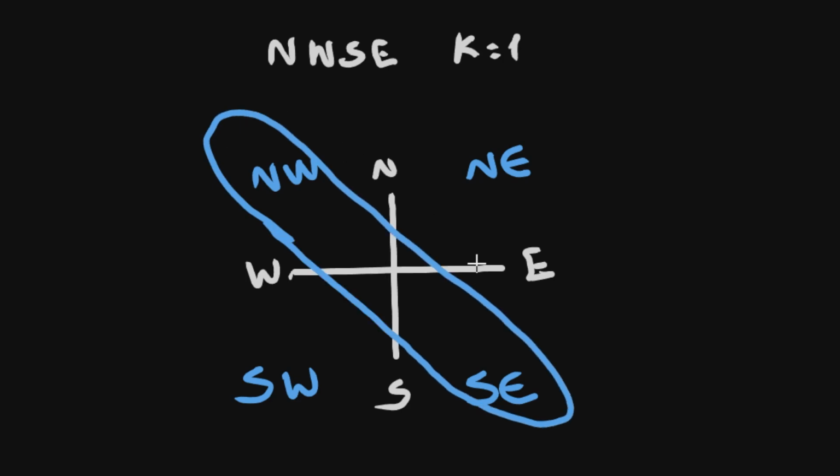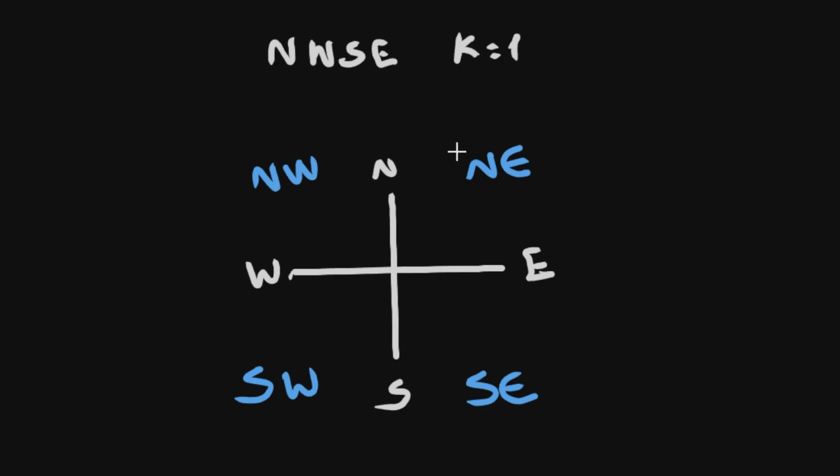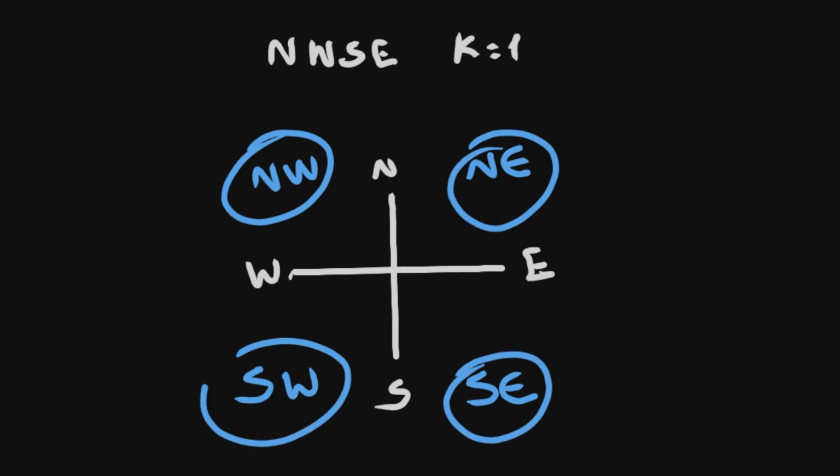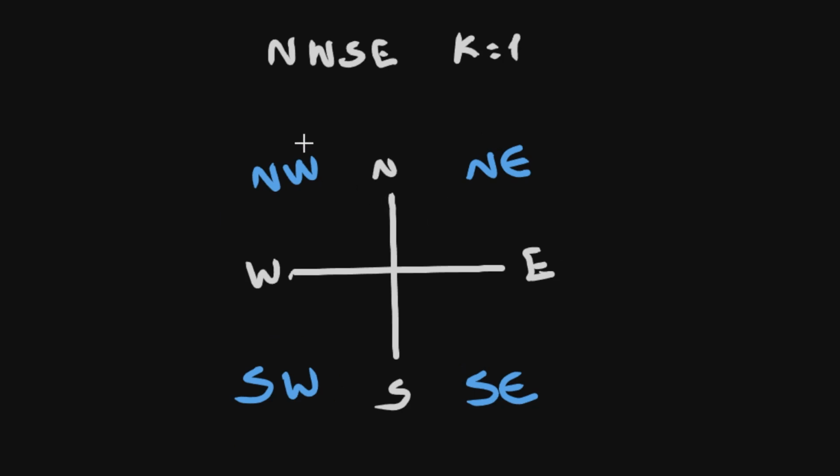This is one way to work with this. And here we have another way to work with this. So now we can try each of these forces and see in which one we get our maximum Manhattan distance. And the way to do this will be the following. Let's say we start here at NW. Whenever we find an N or a W here in the string, we add 1 to the count.